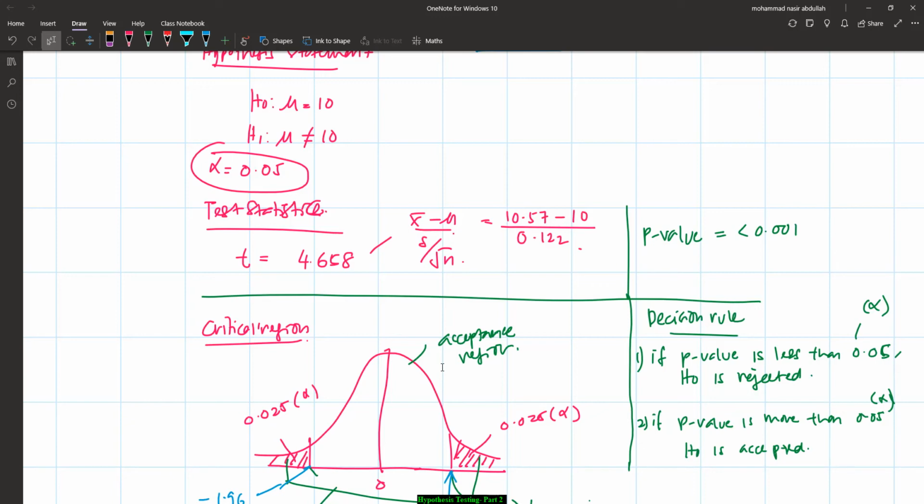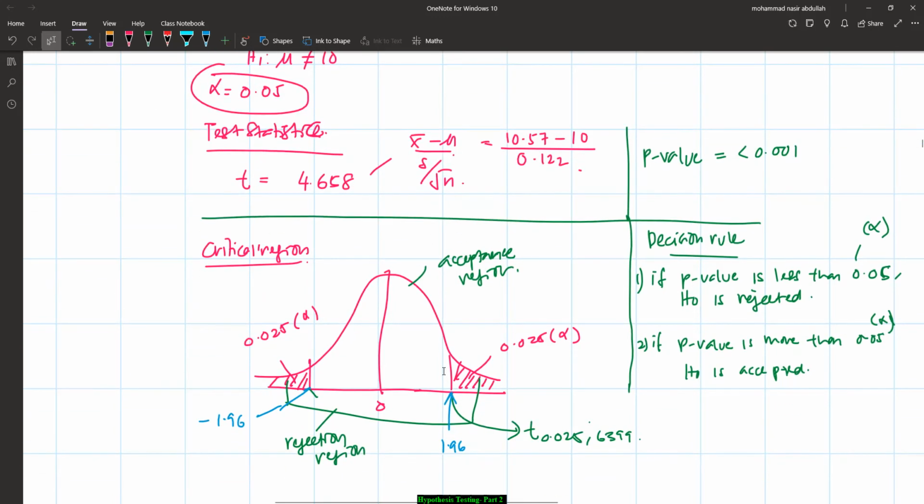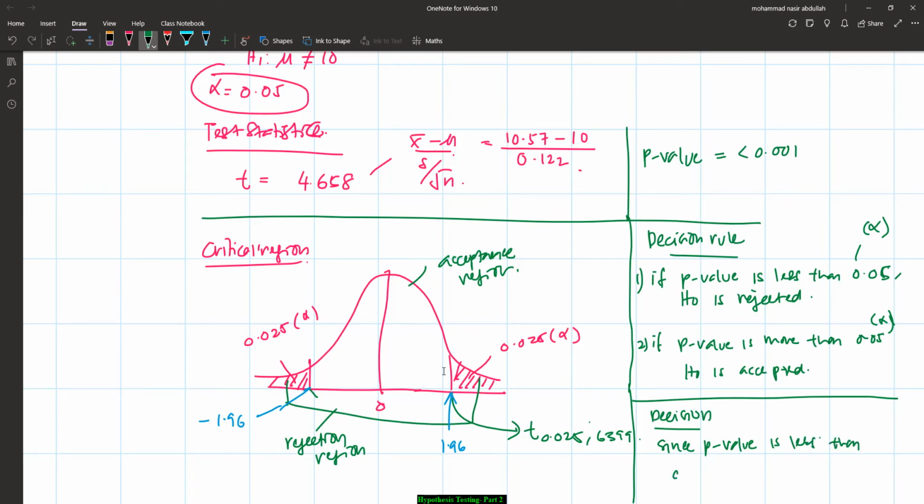So from a decision rule, we can make a decision lah. Kat sini, what is our decision? So since p-value is less than 0.05, kita nampak kat sini, this is a less than 0.01, so which is smaller than 0.05. So null hypothesis is rejected, right?